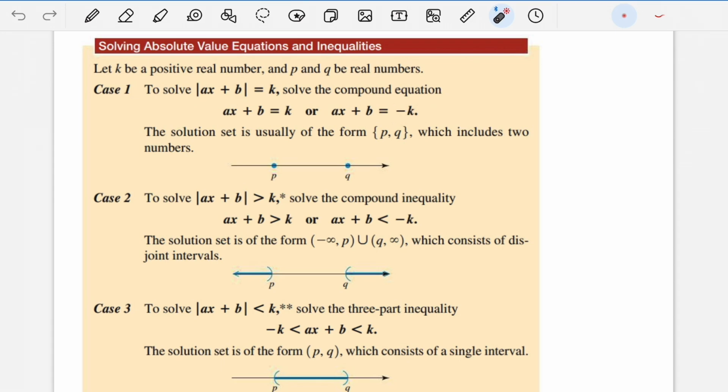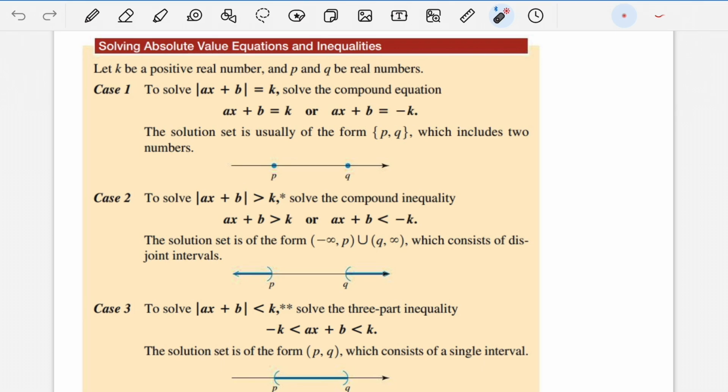Now you can watch the Pearson lecture videos or go into the textbook to get a better idea of why we have these 3 cases here, but essentially it's because of our absolute value signs. If we plug in a positive number here, we're going to get a positive number outputted for our absolute value. And if we were to plug in a negative number here, we would also get a positive number outputted.